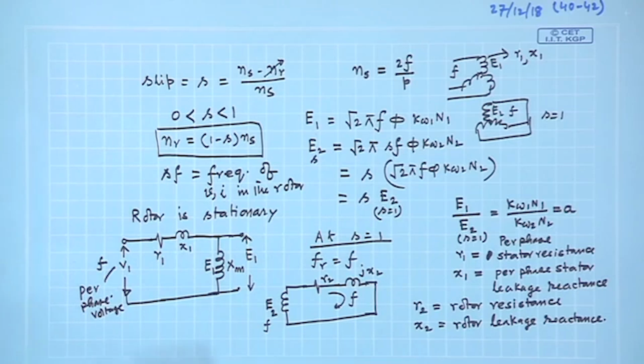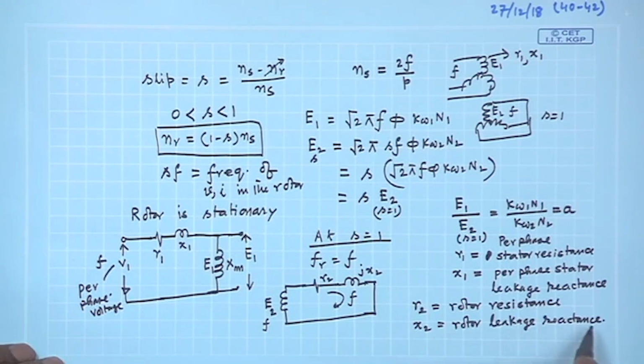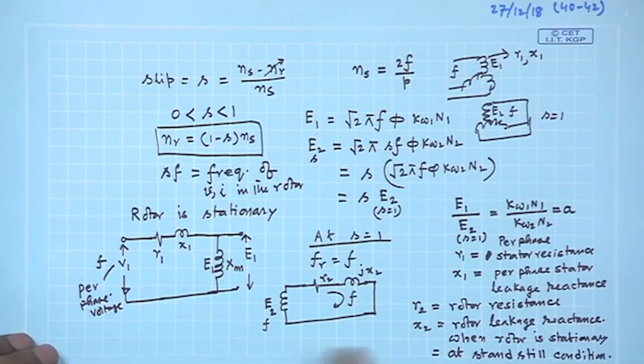So, what we say is that X2 is the rotor leakage reactance when the rotor is stationary, or the rotor leakage reactance at standstill condition. This must be remembered.